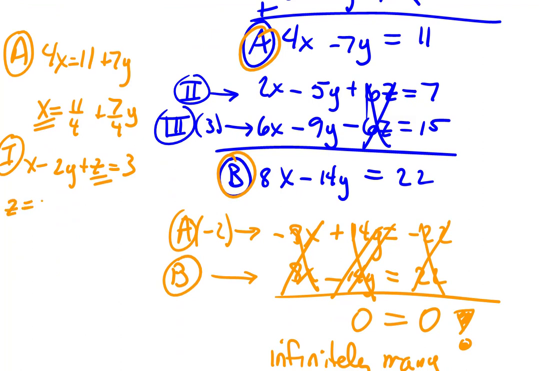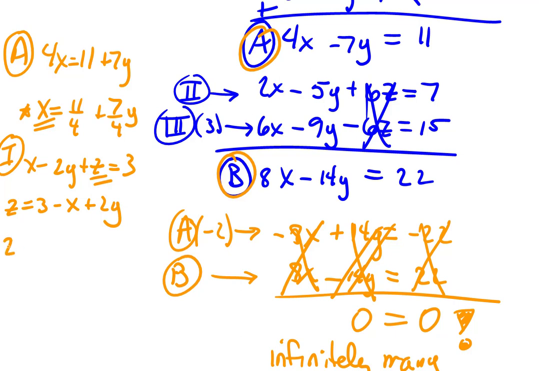We'll just say z equals, if I bring everything else to the other side of the equation, 3, that was already over there, minus x plus 2y. That's just moving all the stuff over there. Now I have z in terms of x and y, but notice I already know that x is written in terms of y in this previous step.